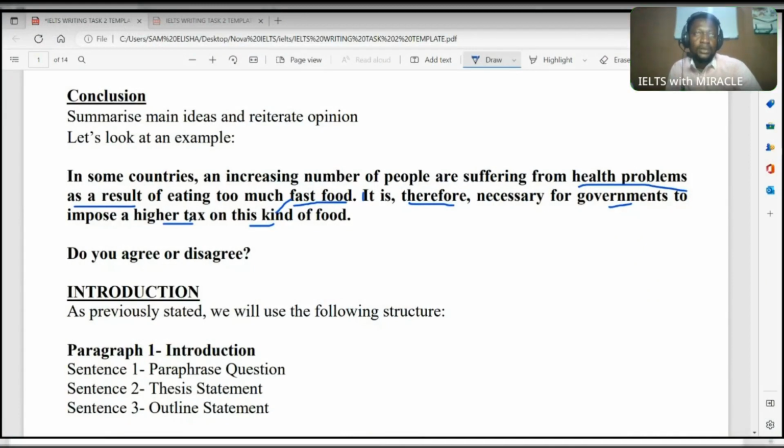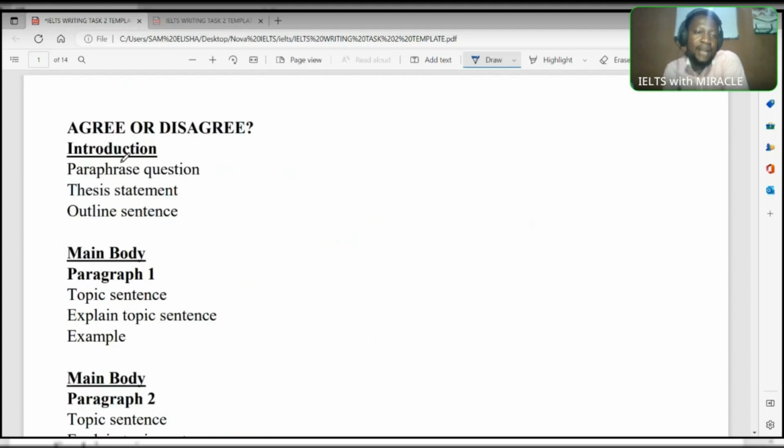Okay, let's quickly look at this question type: agree or disagree. We're going to spend the weekend looking at each of the question types, doing a critical analysis of this content material, and see how we can apply this structure to our writing.